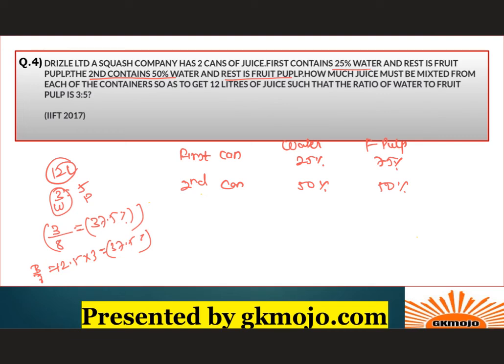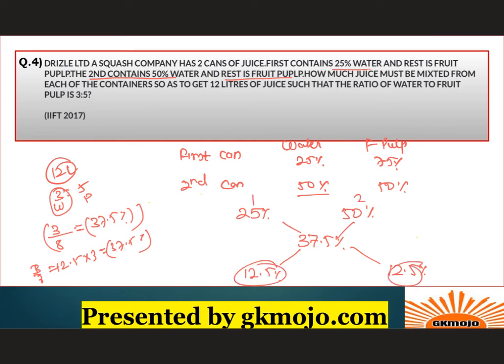So we'll do allegation over here. First can contains 25%, second can contains 50%. When we mix this, this should be 37.5%, right? Do the allegation and you'll get the answer. So here you get 12.5, here you get 50 minus 37.5, which is 12.5%. Alright, this is can 1, can 2.